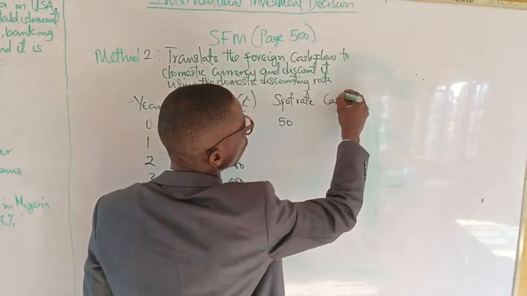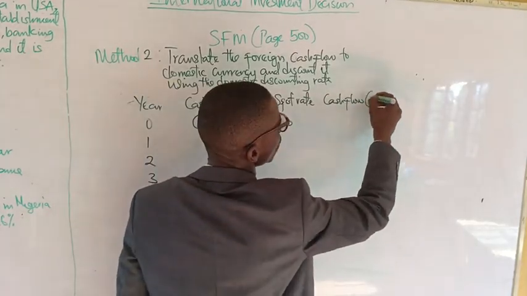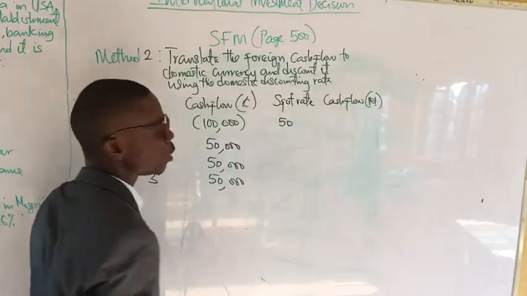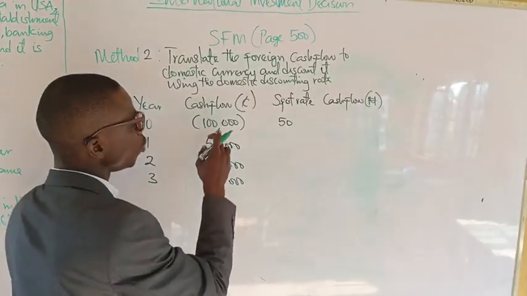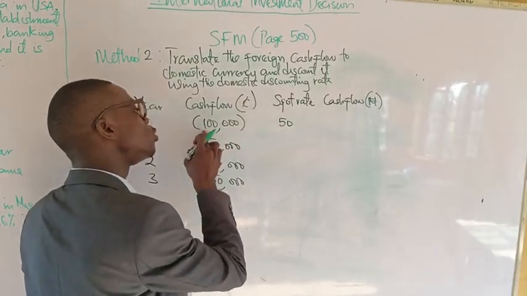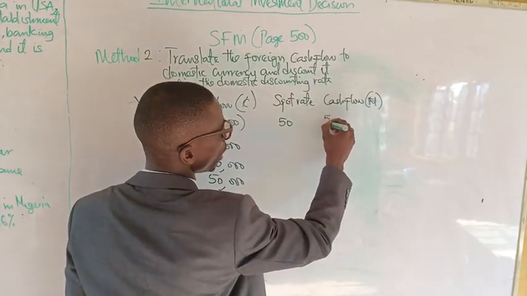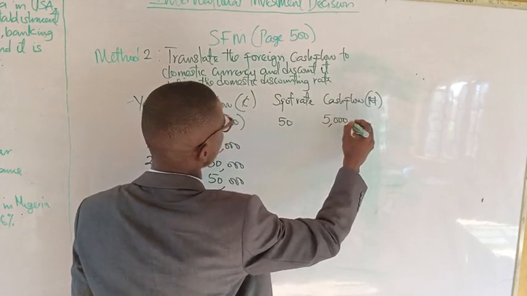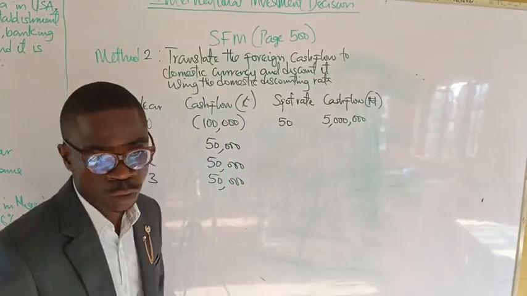So we want to calculate the domestic cash flow, that means in naira. Am I communicating? So 50 times 100,000. How much did that give us? 5 million, right? 5 million. I think so.